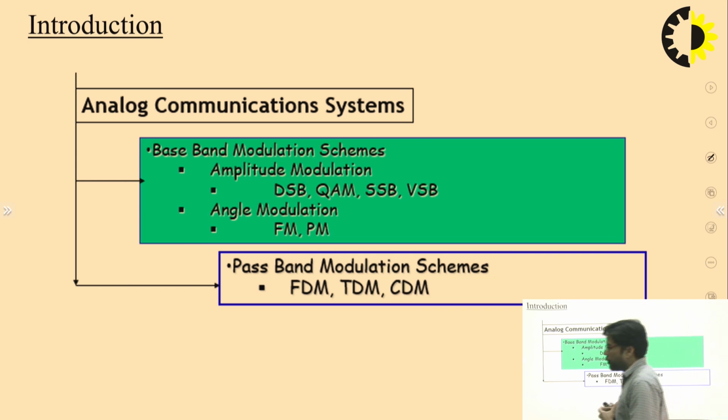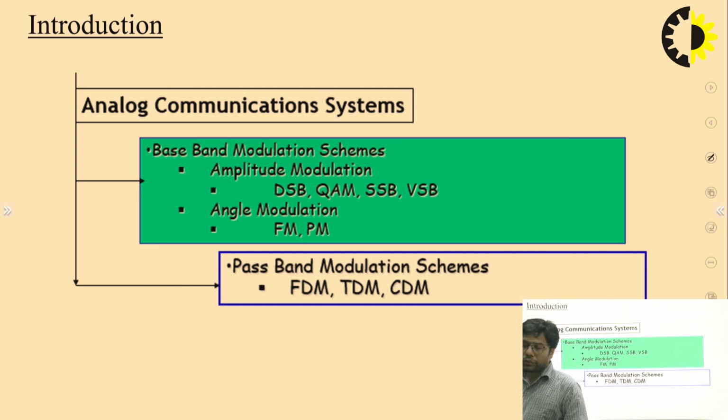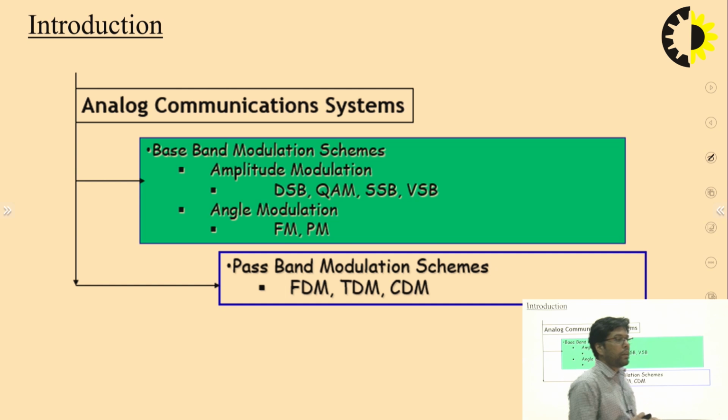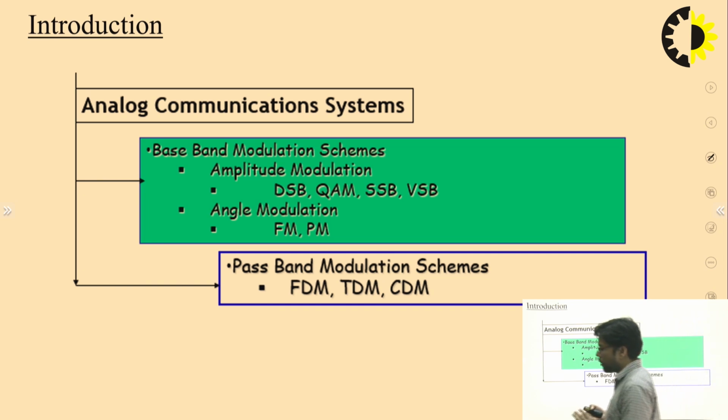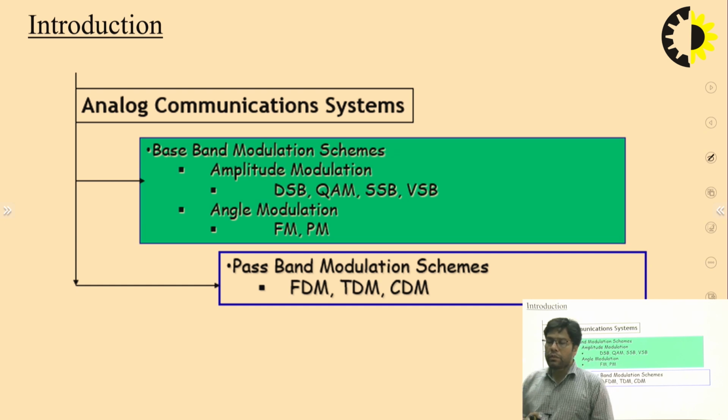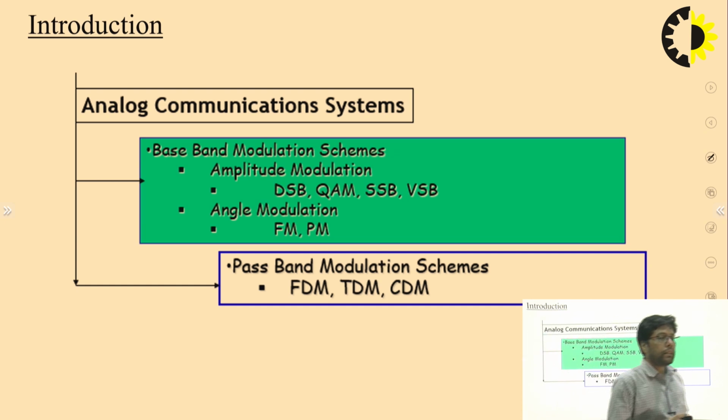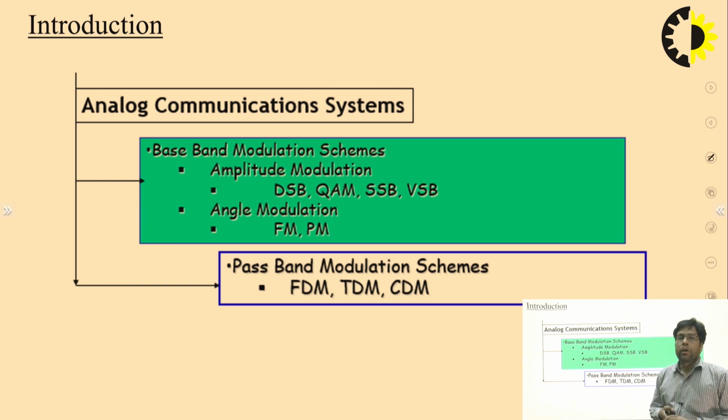What is amplitude modulation? First of all, modulation is the technique by which you can convert a low frequency signal into a high frequency signal. If we talk about amplitude modulation, it specifies that the amplitude of the carrier signal changes in accordance with the instantaneous value of the message signal.